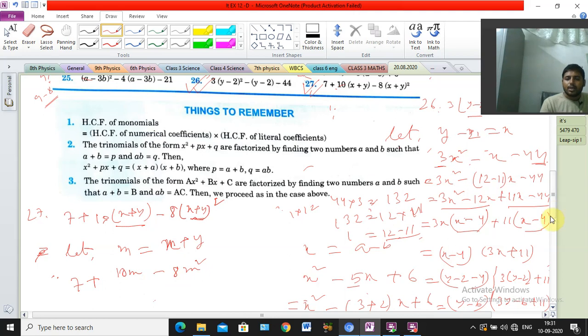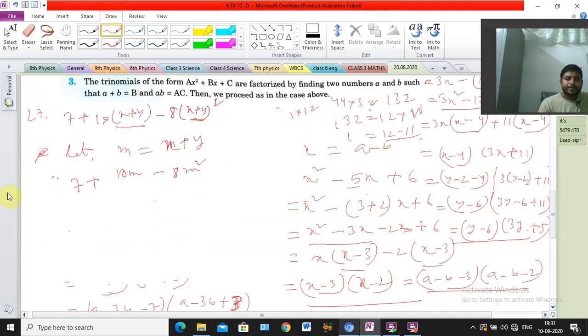So what to do, sir? Here 7 and here coefficient 8, 7 into 8 is 56, but here a 10 is needed in the middle. What to do, sir? Directly we can do it. 14 into 4 is 56, and 10 is needed, so 10 means 14 minus 4.